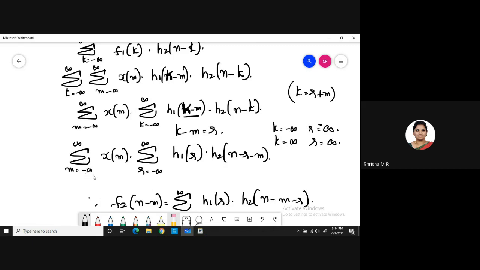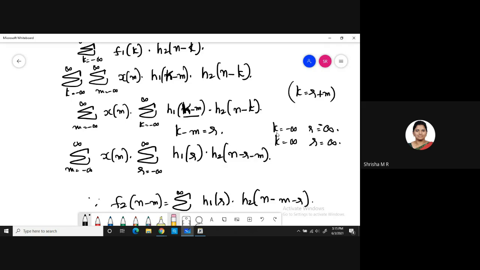Summation m is equal to minus infinity to infinity x of m into summation r is equal to minus infinity to infinity h1 of r, because k minus m is r, and h2 of, what is the equation for k? r plus m. So h2 of n minus of r plus m.